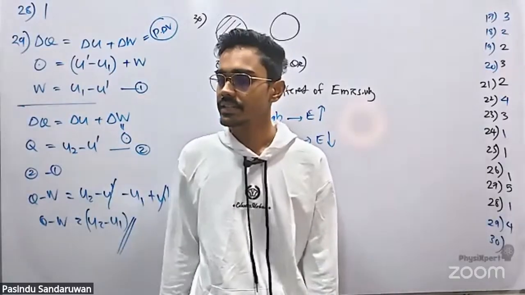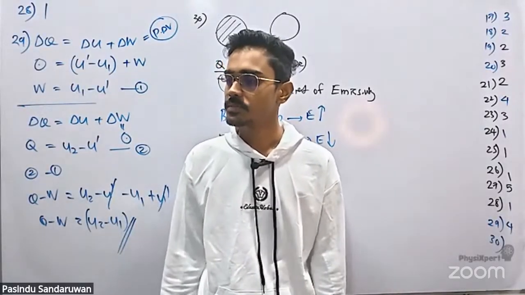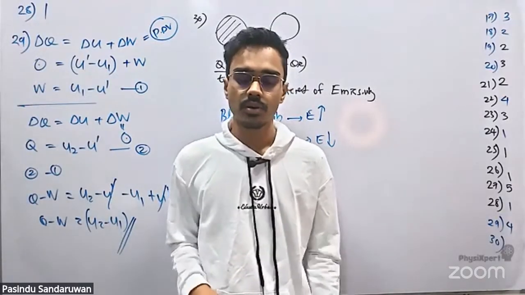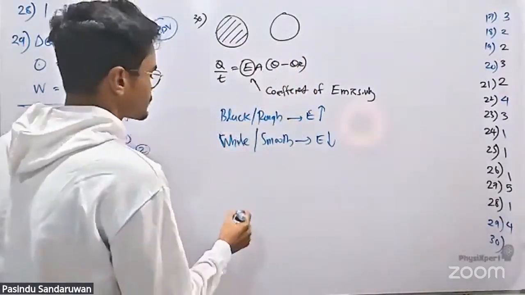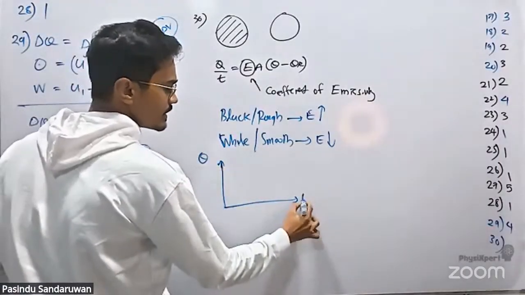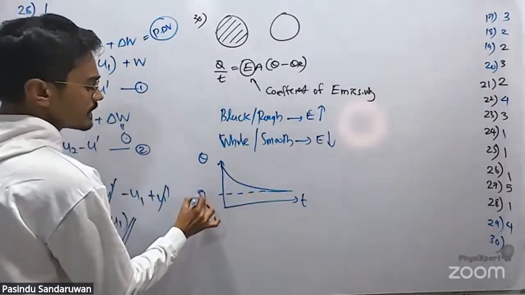At the end, the temperature of the two spheres and the chamber are the same. That is correct, because any cooling curve ends at the room temperature. This is a cooling curve, theta against T, and it always ends at the room temperature.